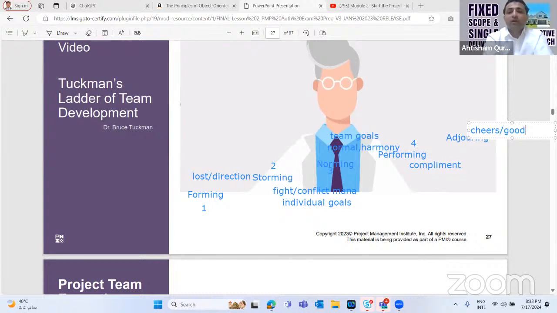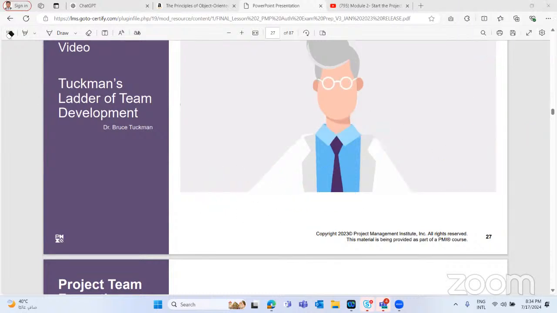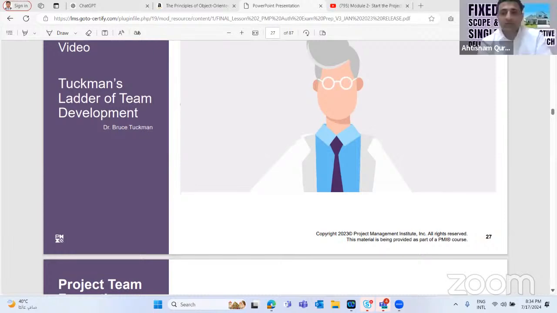And if we are going to work together next time, we celebrate the good work done by the team members. Okay, so I hope you guys understood. This is important from the exam perspective. From these dynamics, you will see some questions as well for the exam. Any question so far? No question so far. All right, let's move on.